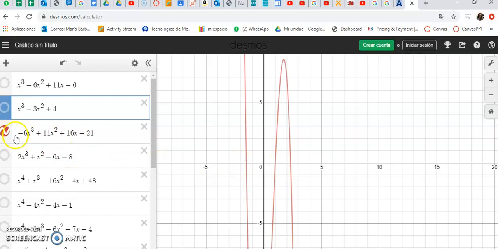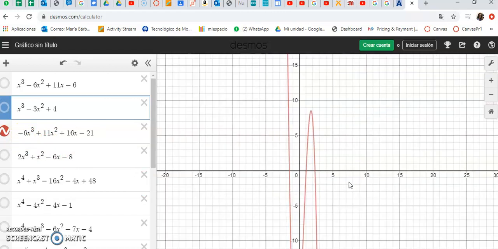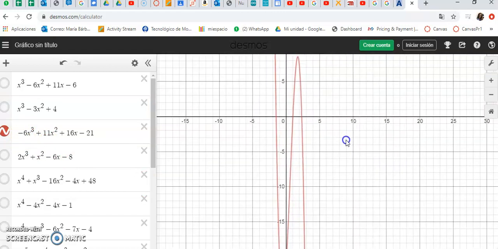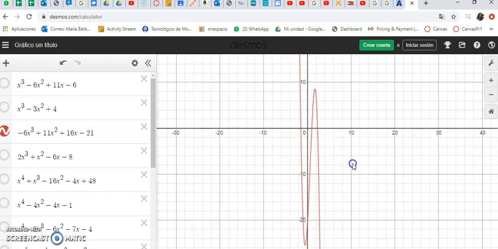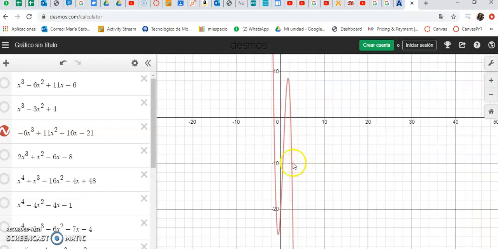Look, again, the degree of this polynomial is 3 because we have minus 6x to the third. And the leading coefficient is minus 6. So that's why, let me show you a little bit better so you can see everything here. Good. Now, you can see it better.